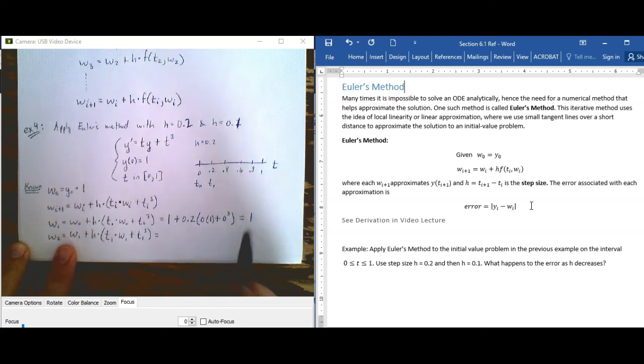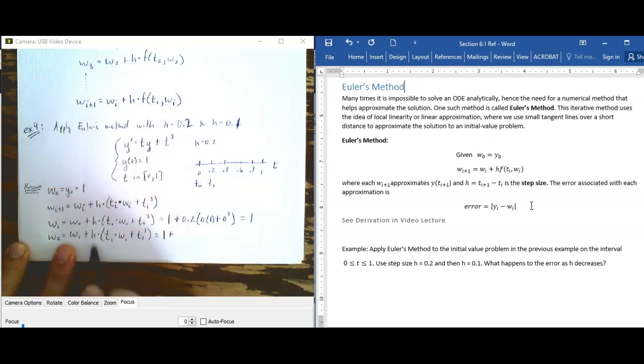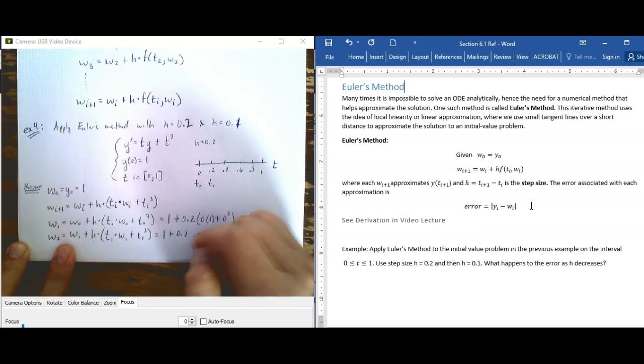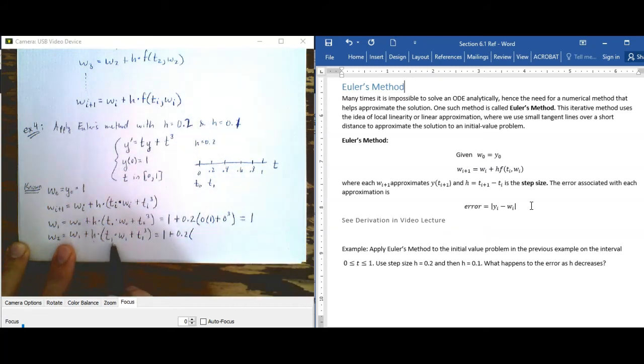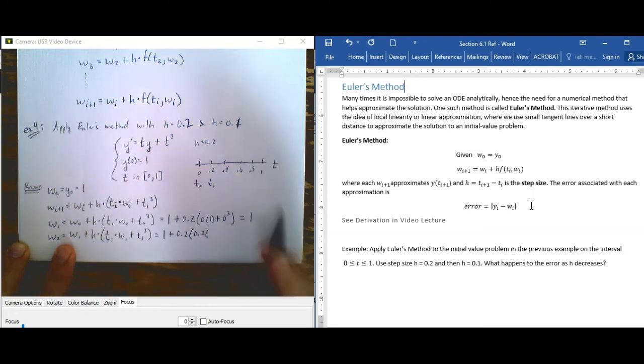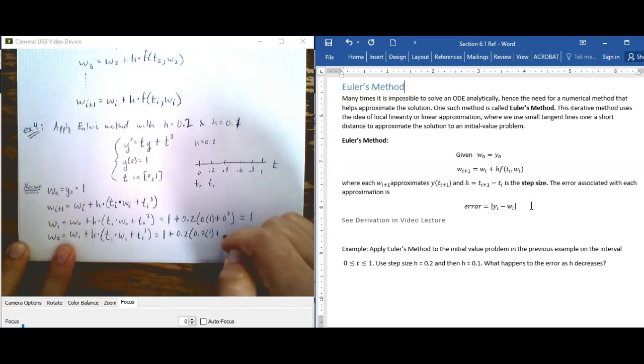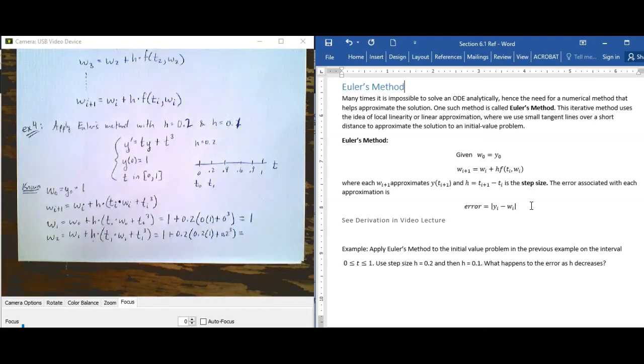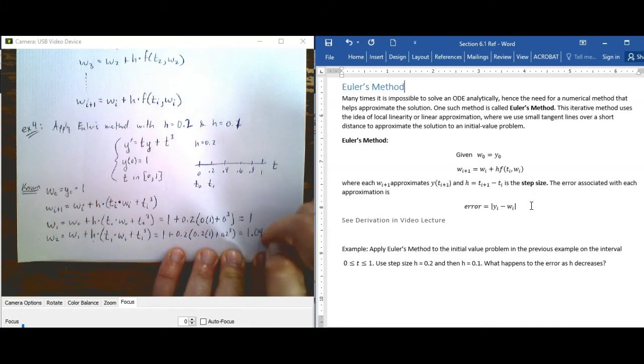Well, that came from the last iteration. 1 plus, our H is 0.2, times T1 is 0.2, times W1, which is 1, plus 0.2 cubed. Let's see what that gives us. So I'm getting 1.0416.